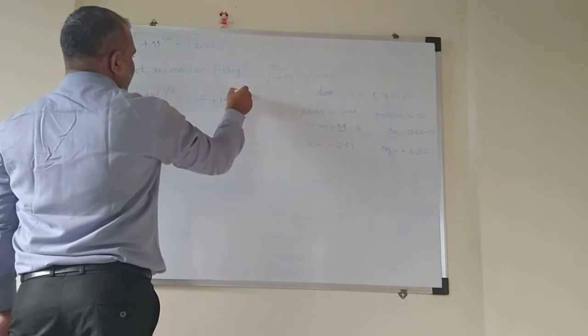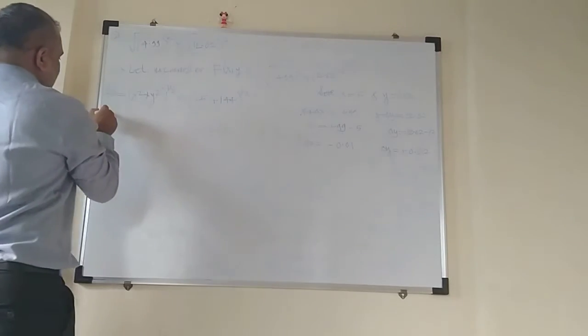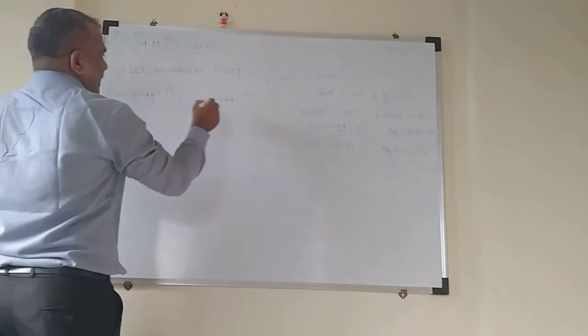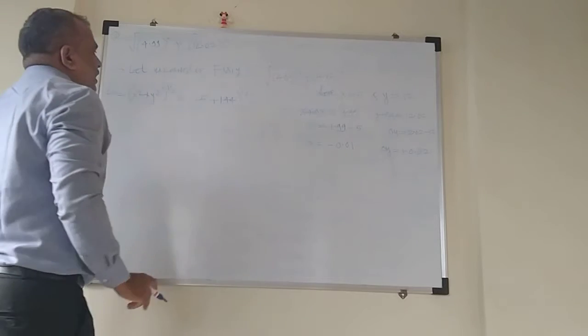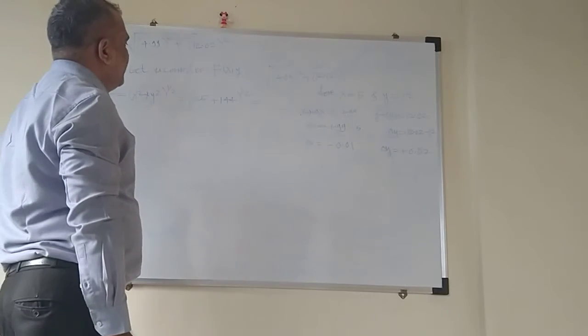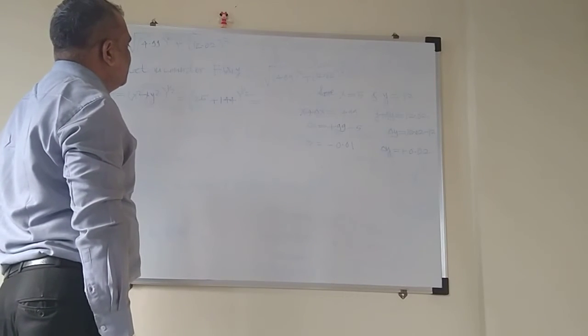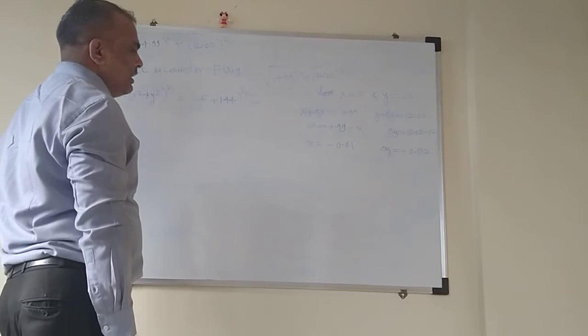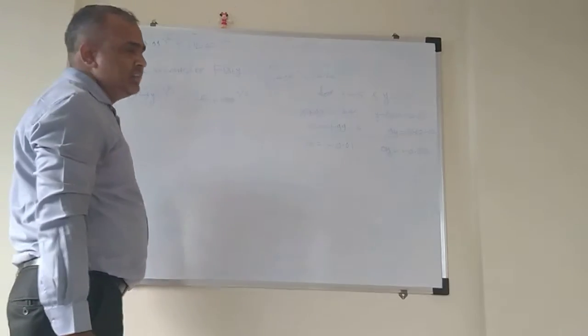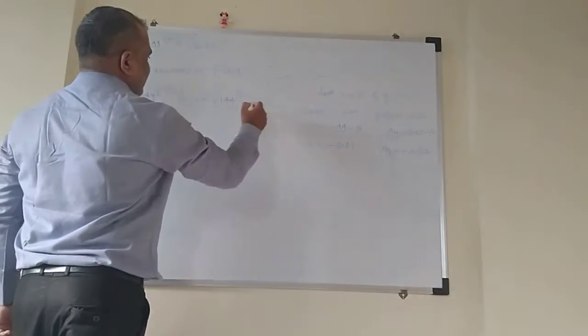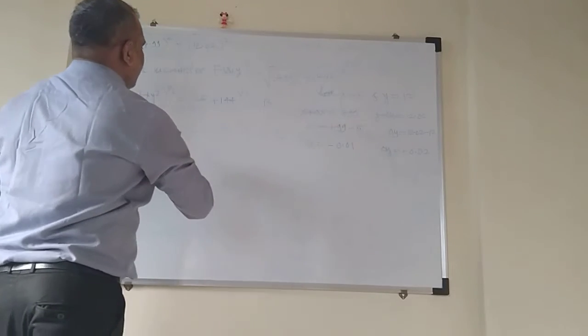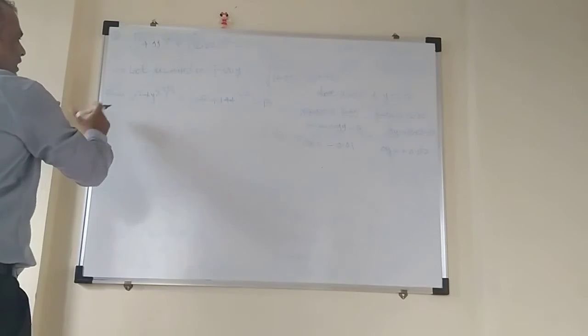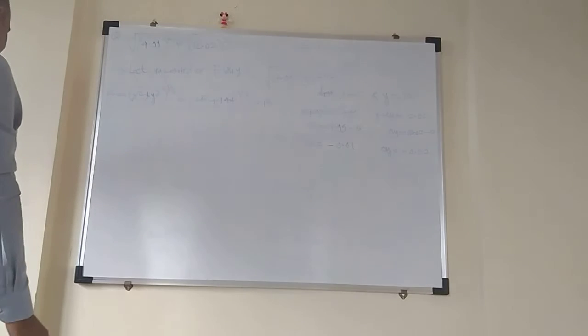If you add these two, you get 169. The square root of 169 is 13, right? 13 square is 169. So you got the value of the function f.